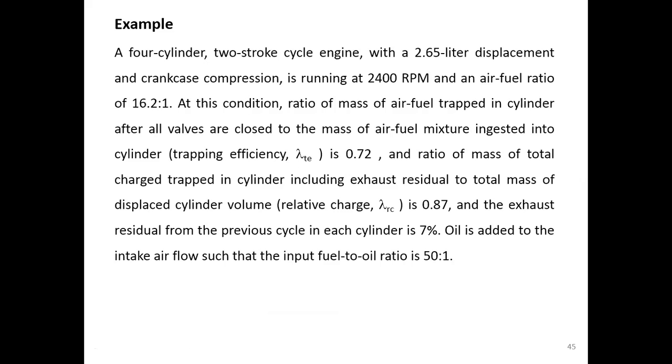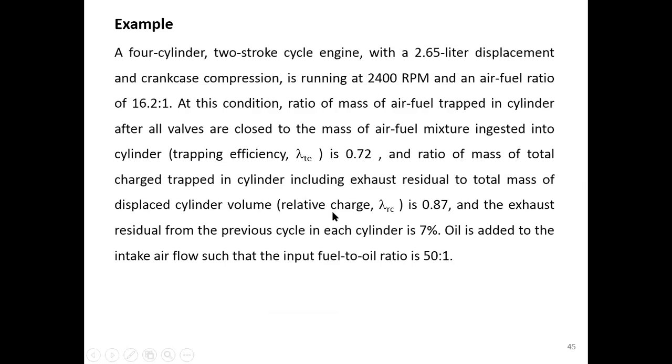So under the actual situation, what do you see? You see mass flow into the cylinder, and you also see some mass fall out of the cylinder. If you consider these two masses to be the air fuel mixture, the ratio between these two will be the first one, the trapping efficiency.